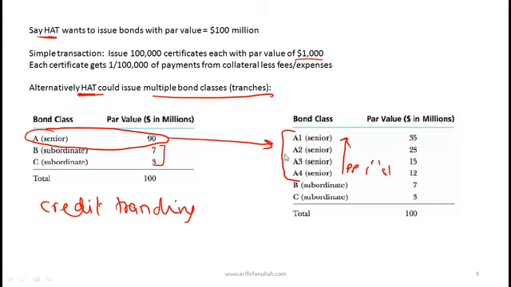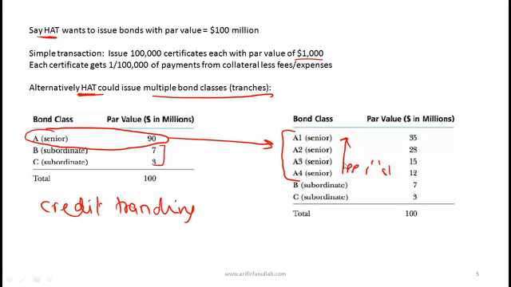Have we completely eliminated credit risk for this bond class A? No, we've not completely. It is conceivable that while A has much lower credit risk than B and C, there is still some credit risk.